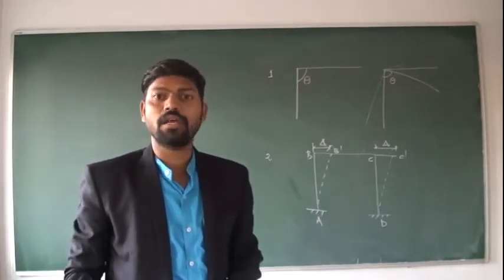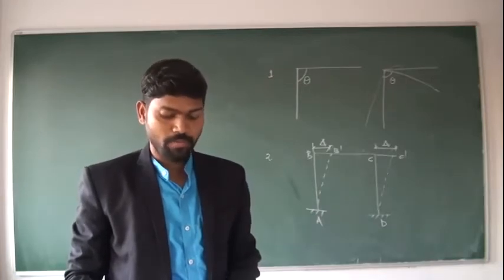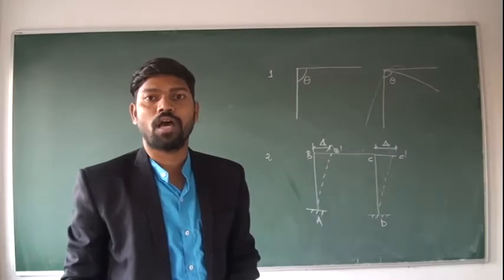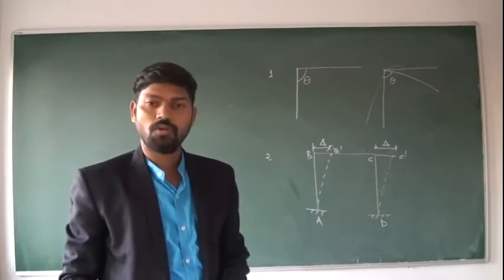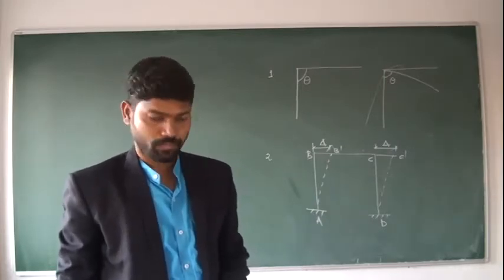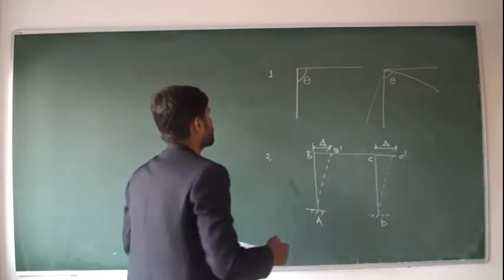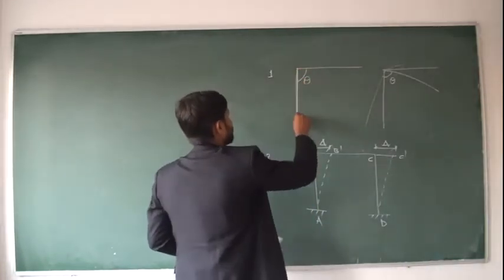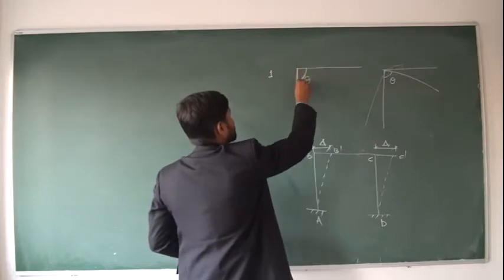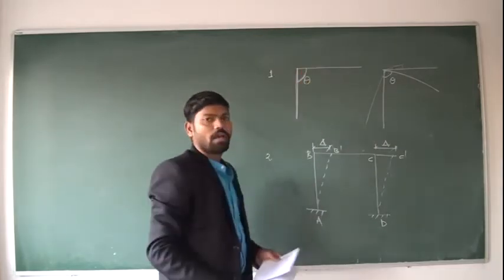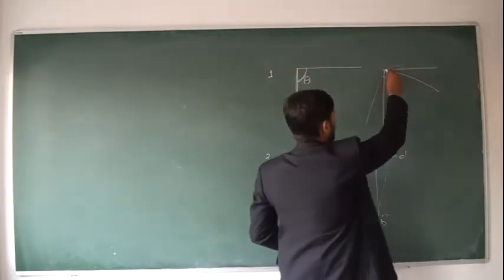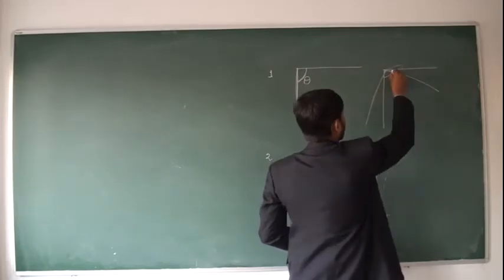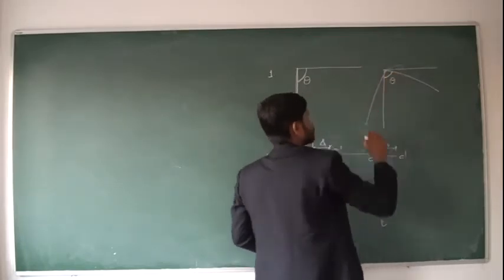The angle between any two members in a joint does not change even after deformation or after action of loading. See here, this is the frame where this angle is theta, and after the deformation also, the angle between these two members remains the same.